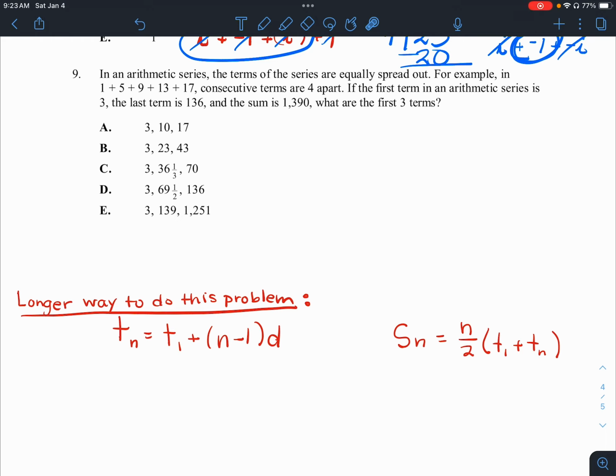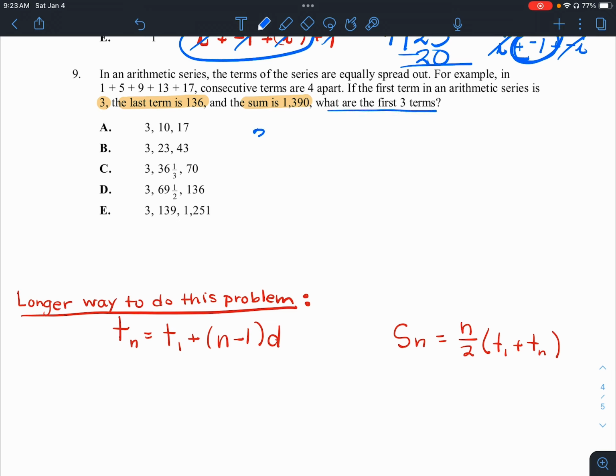It says, for example, in 1 plus 5, 9, 13, 17, the consecutive terms are 4 apart from each other. If the first term in an arithmetic series is 3, and this is important, the last term is 136, and then they tell you the sum of all of the terms in that sequence from 3 up to 136 is 1,390. What are the first 3 terms of this sequence?